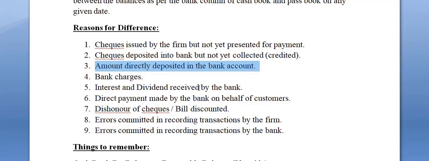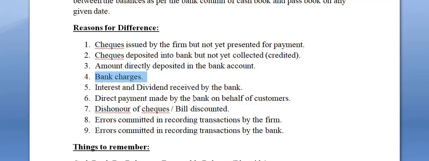Point number four, bank charges. By bank charges, we normally mean the money that will be debited from your bank account, let's say for account maintenance.